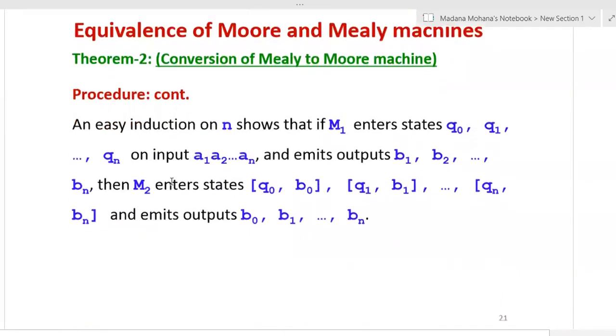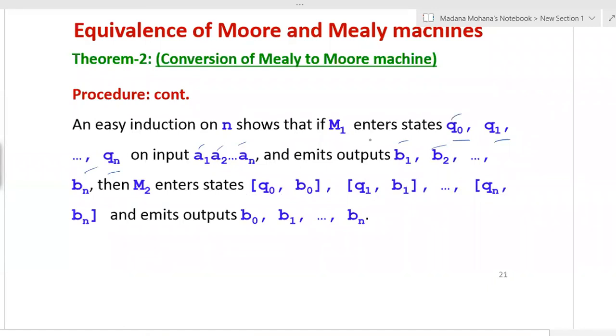So now an easy induction on n shows that if M1 enters the state sequence, for example, q0, q1 and so on qn, on input a1, a2 and so on an, and emits or produces outputs b1, b2 and so on bn, then M2 enters the states, here you can see the combination.